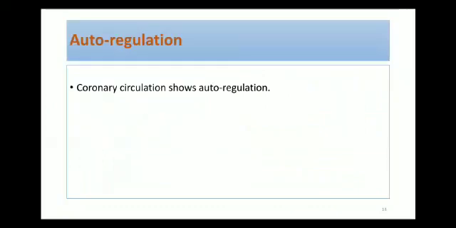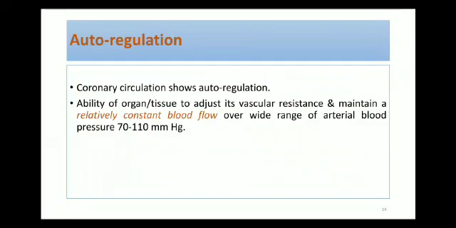Coronary circulation shows autoregulation. What is autoregulation? Auto means self. So the heart is able to self-regulate its blood flow. How? By adjusting its vascular resistance. That means by altering its caliber, lumen, the circumference of the vessel, whether to constrict or whether to dilate.